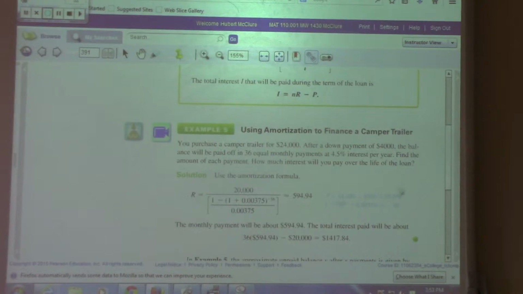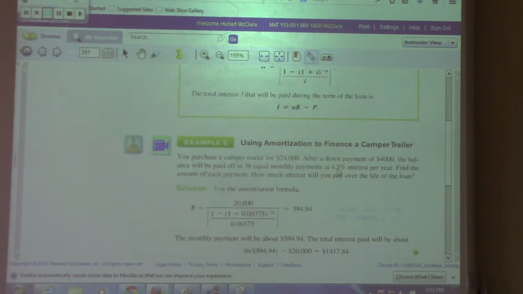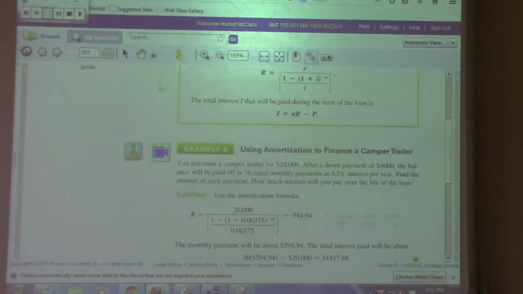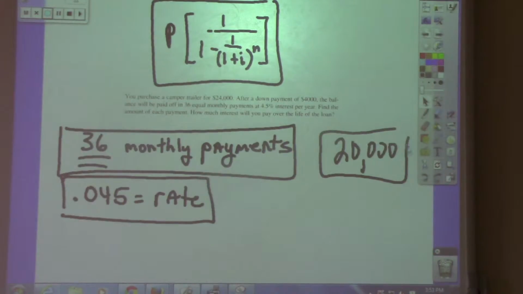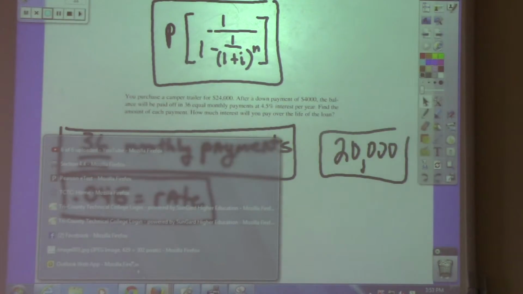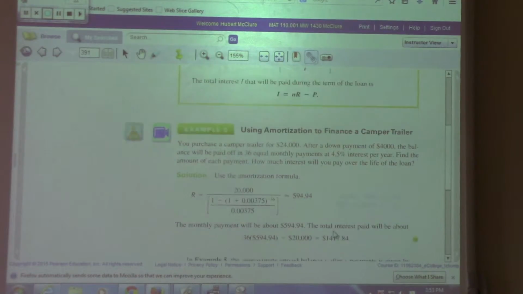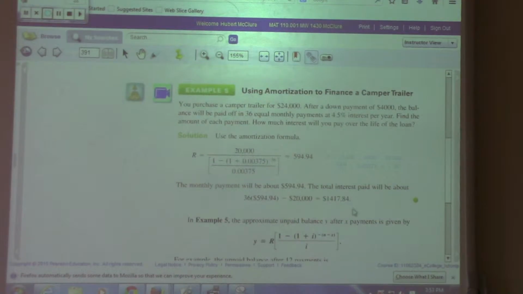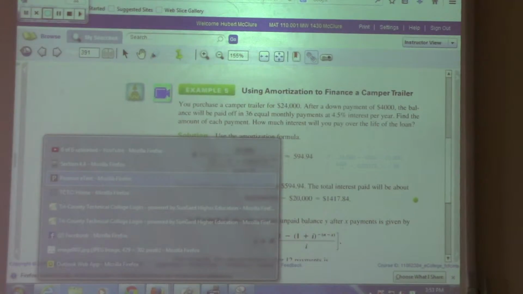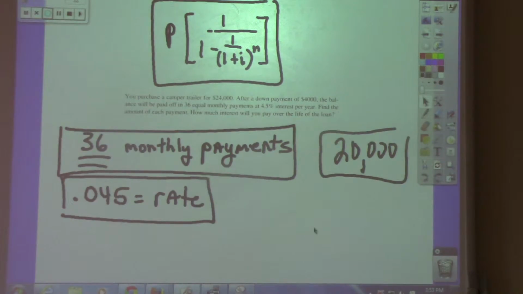And N, or 36, they give you 36. Okay, I was right. I just want to make sure. And they did use 20,000. Yeah, 20,000 right there. Just want to make sure I was reading it correctly, because sometimes I don't read it correctly.